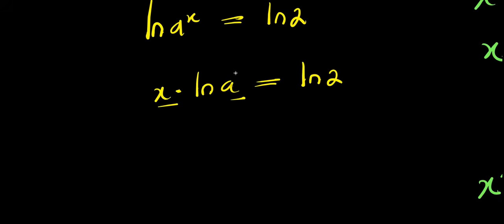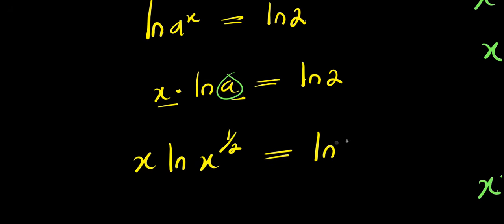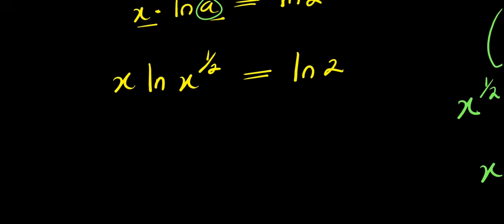I'm going to replace this a here with x^(1/a). I have x times ln of x^(1/a) equals ln 2. And don't forget the fact that, like I said earlier, ln a^p equals p times ln a.